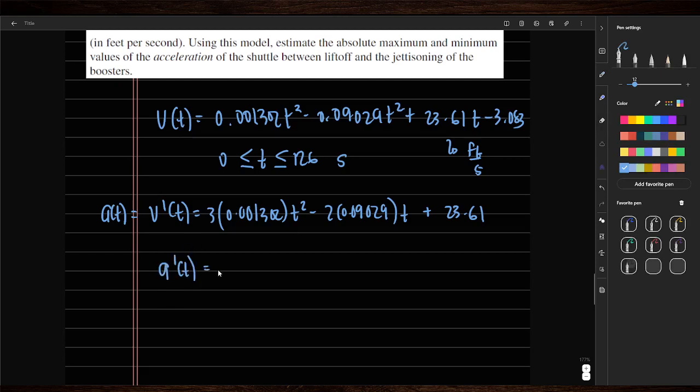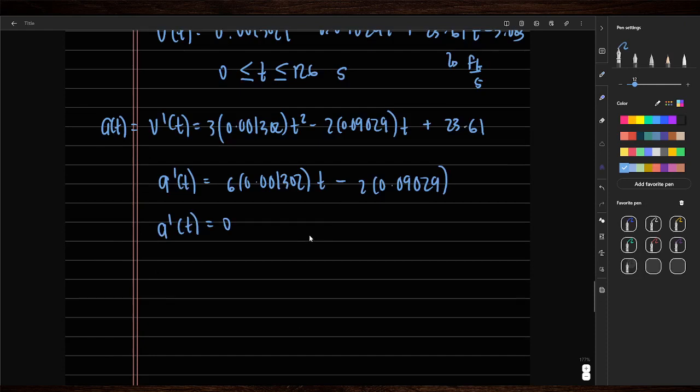So a prime of t is equivalent to 6 times 0.001302 t minus 2 times 0.09029, and this becomes 0. So we equate this to 0. You have a linear equation, so you have one critical number.